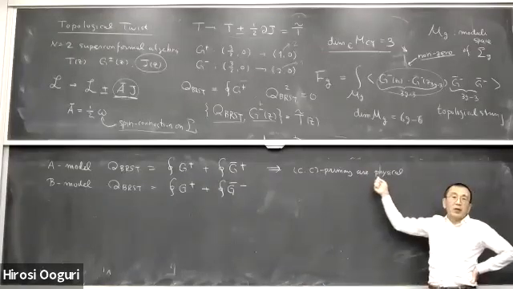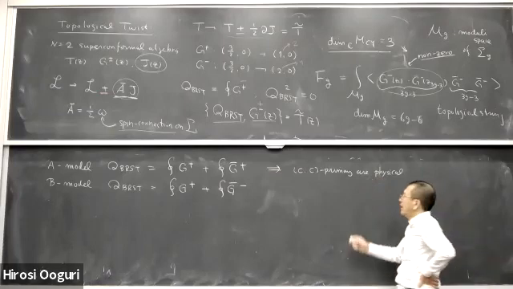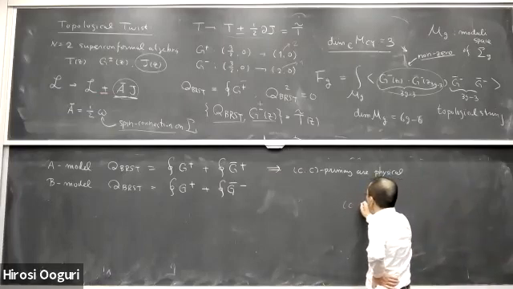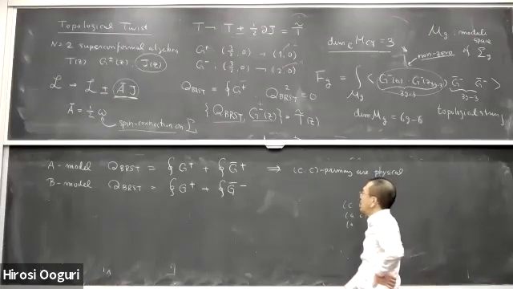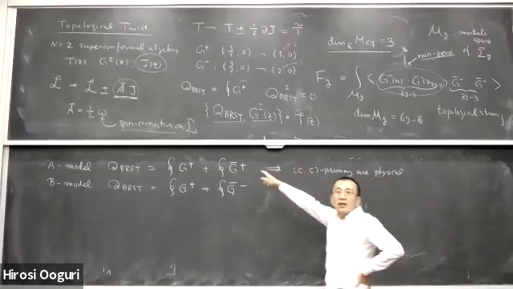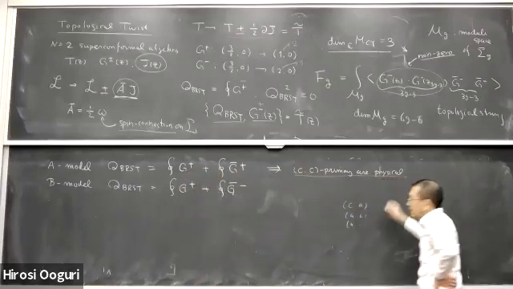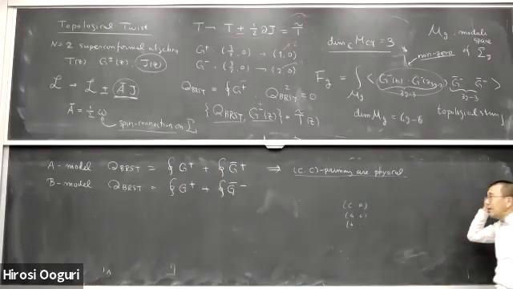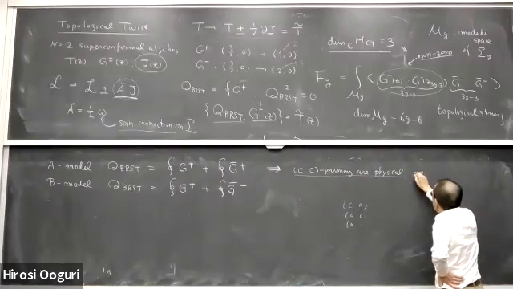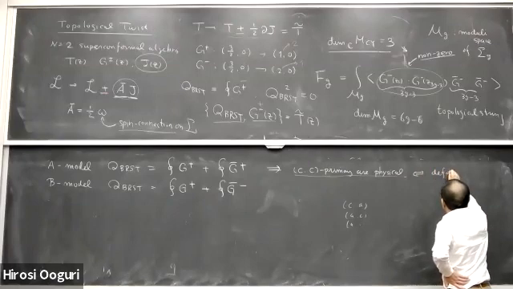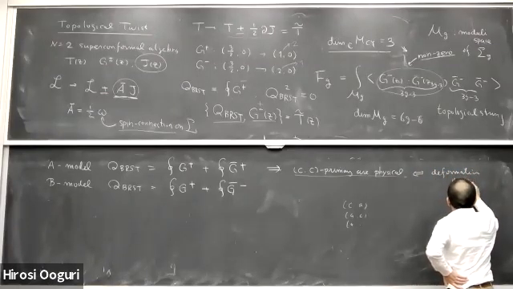And all other primaries are trivial, in the sense that if you consider CA primaries or AC primaries or AA primaries in the context of the A model, they are all trivial in the BRST cohomology. So only CC primaries are physical in this case. And CC primaries correspond to deformations of Kähler structure.